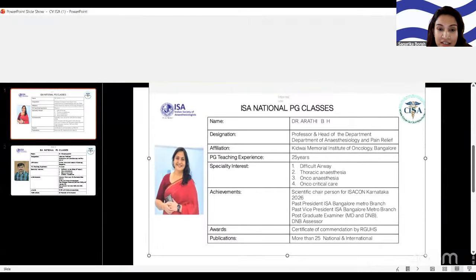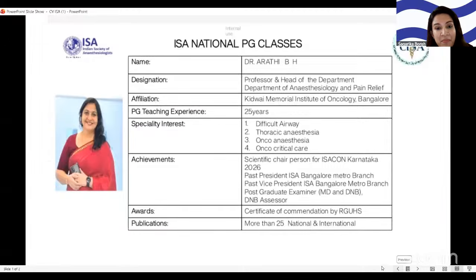We have with us Dr. Aarti B.H. Ma'am, Professor and Head of the Department of Anesthesiology and Pain Relief, Kidwai Memorial Institute of Oncology, Bangalore. Ma'am has PG teaching experience of 25 years. She has specialty interest in difficult airway, thoracic anesthesia, oncoanesthesia, oncocritical care. Ma'am has various achievements to her credit.